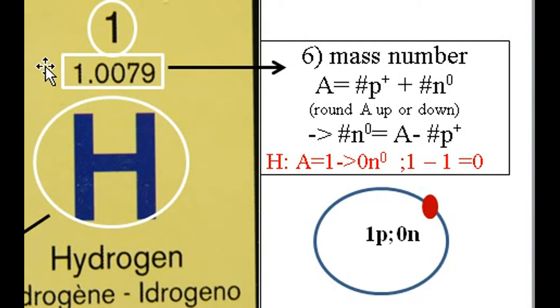So in this case, we say A is equal to 1, and A is equal to the number of protons plus the number of neutrons.